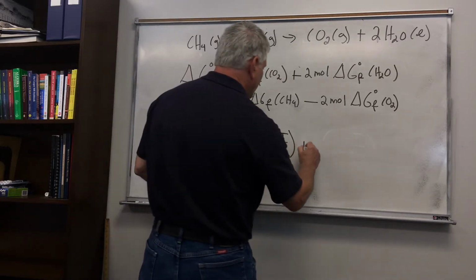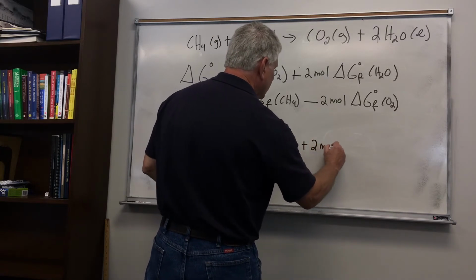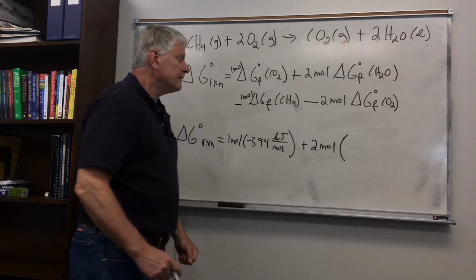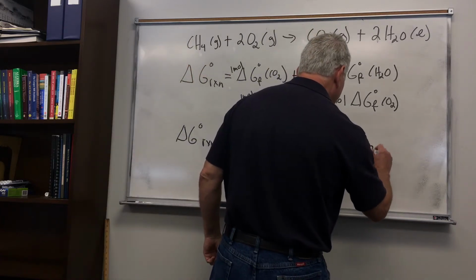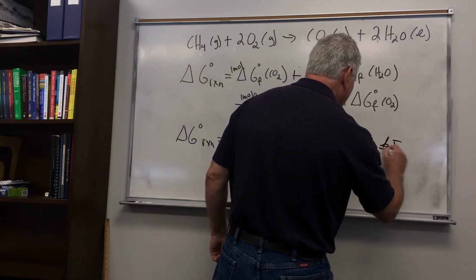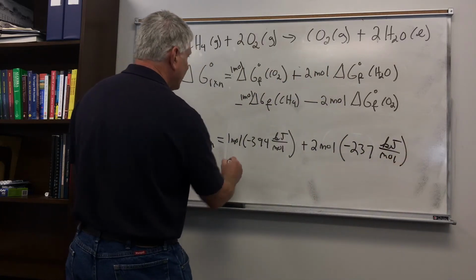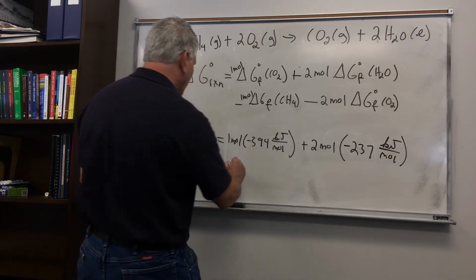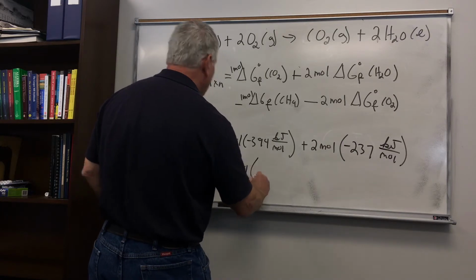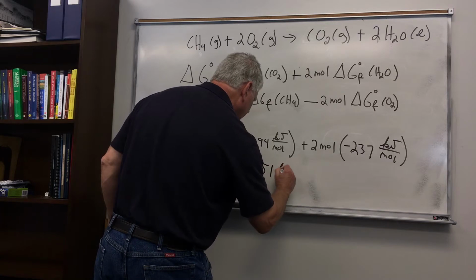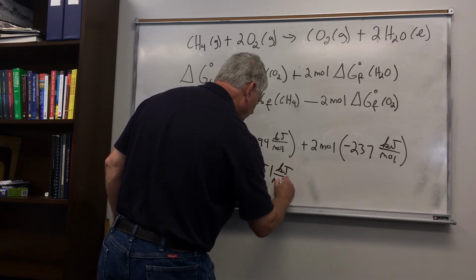And then the other product, 2 moles of water in the liquid phase, that's negative 237 kilojoules per mole. And then we subtract the reactants. So we have 1 mole of methane, negative 51 kilojoules per mole.